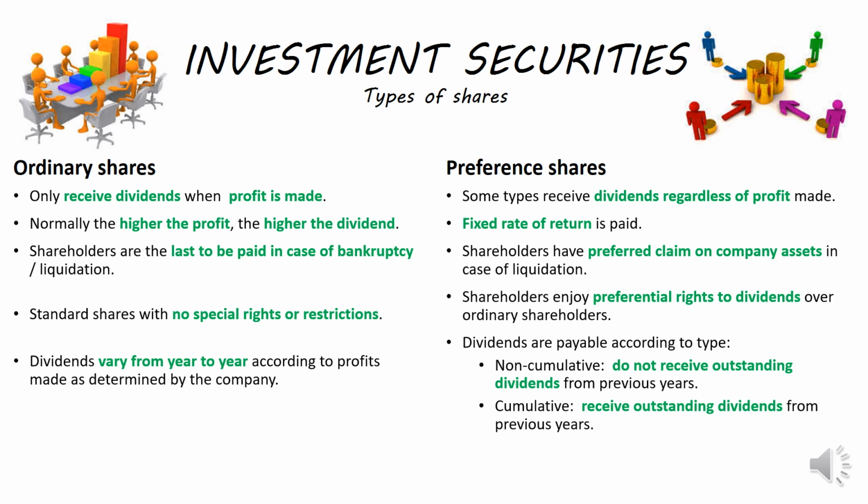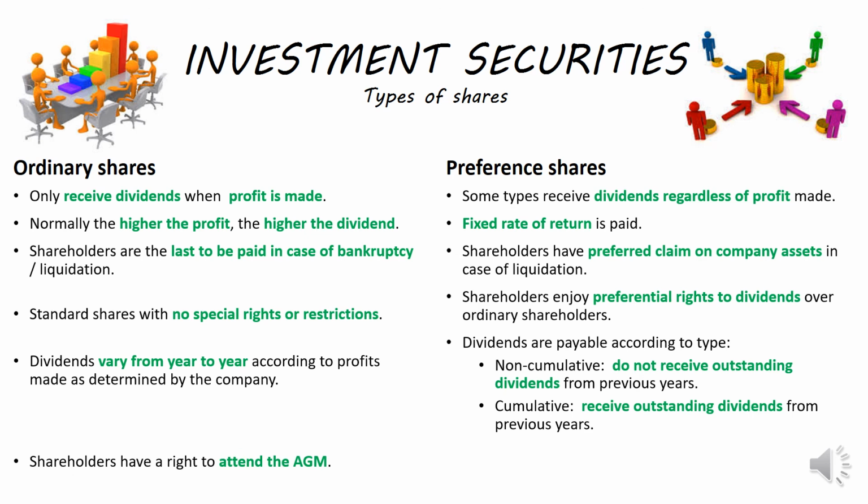Remember, your non-cumulative shareholders cannot receive outstanding dividends that were not paid out in previous years, whereas your cumulative shareholders will receive outstanding dividends that were not paid out in previous years. And remember, in most cases with your preference shareholders, we said that they have a fixed dividend. Okay, so it's not necessarily going to change. Every single year they will receive the same.